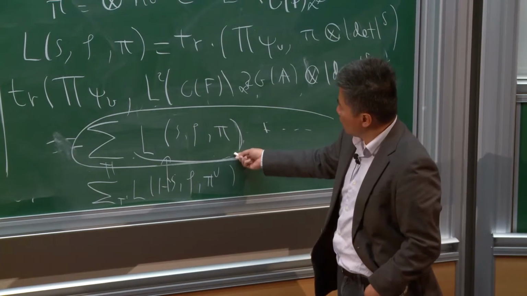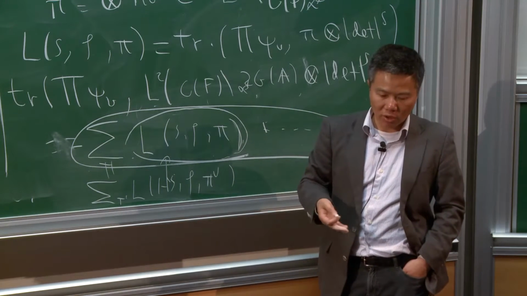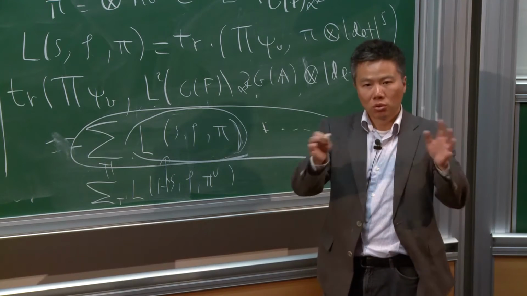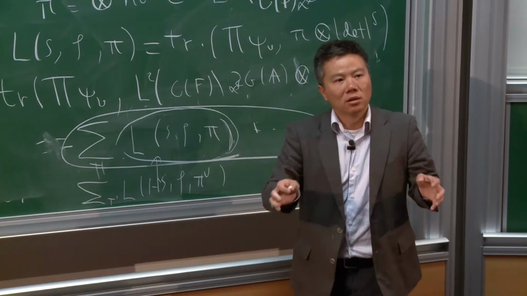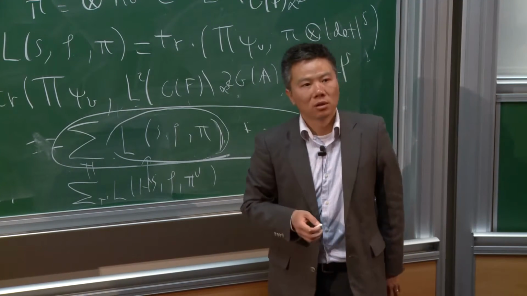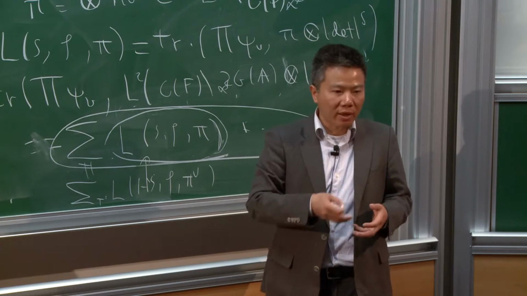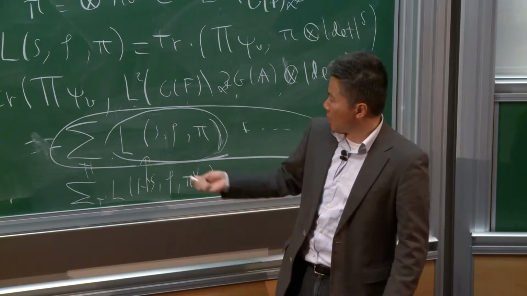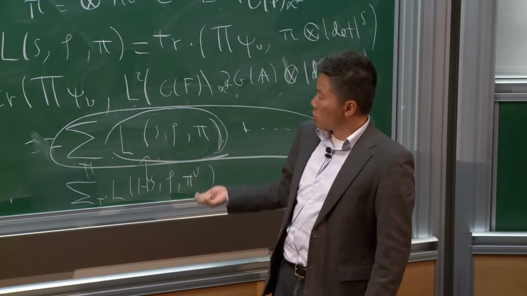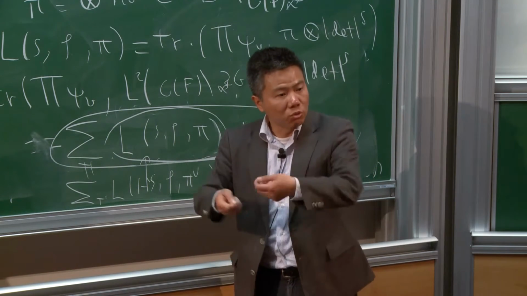We know that proving functoriality is more or less equivalent to partitioning automorphic representations into different bags. A bag corresponds to a subgroup of the dual group that receives the Langlands parameters, and which bag you want to put your representation in depends on the order of the poles you get in L(s, rho). So controlling the poles that appear on the right-hand side would tell you what to put in different bags.